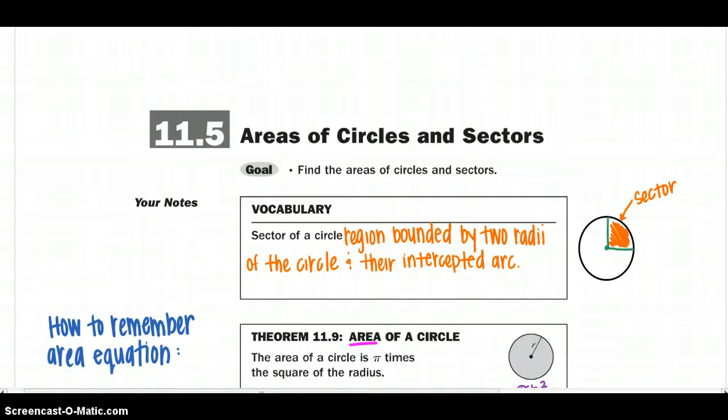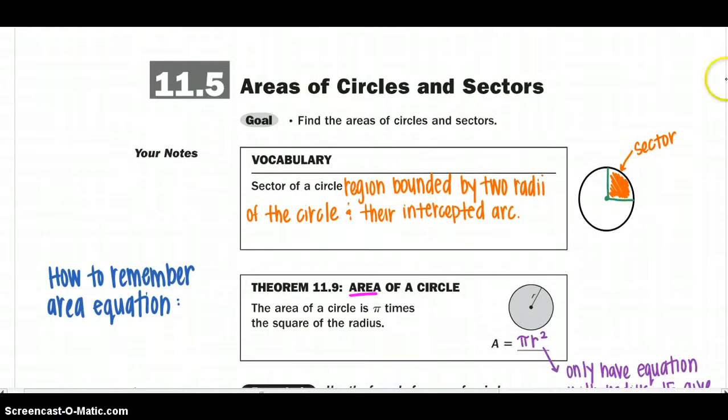So, first of all, let's start off by defining what a sector is, and then we'll use it a little later in the lesson. A sector of a circle is the region bounded by two radii of the circle and their intercepted arcs.